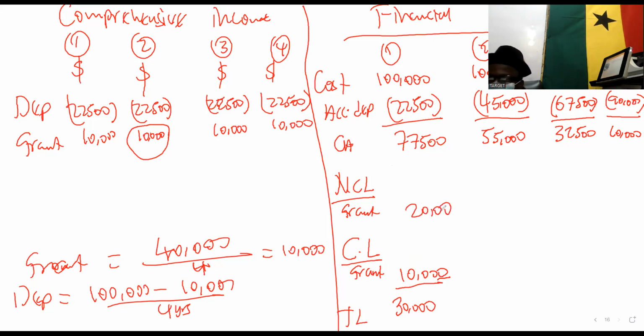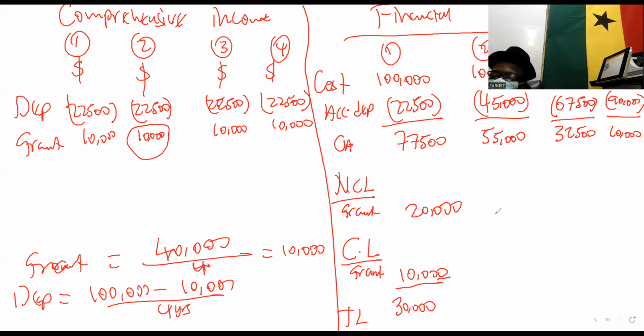Here is a bit dicey. The total liability is 30,000 at the end of the period. The 10,000, which is yet to be released next year, becomes current, and the remainder becomes non-current. That's all, we are done.